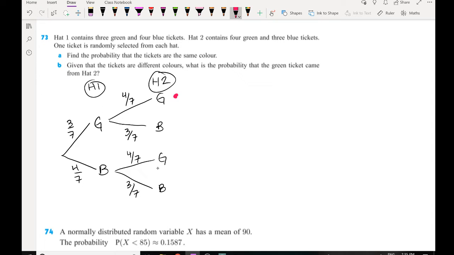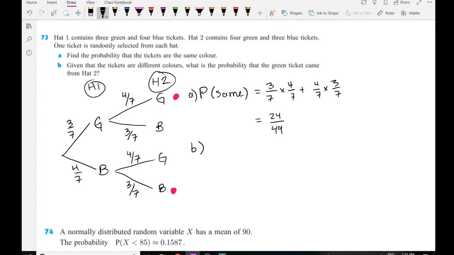So that would correspond to this branch or this branch. So the probability that they are the same will be 3 over 7 times 4 over 7 plus 4 over 7 times 3 over 7. So it's 12 over 49 plus 12 over 49, or 24 over 49. That's it for that one.